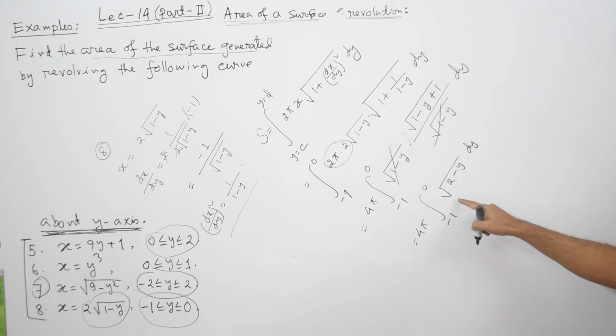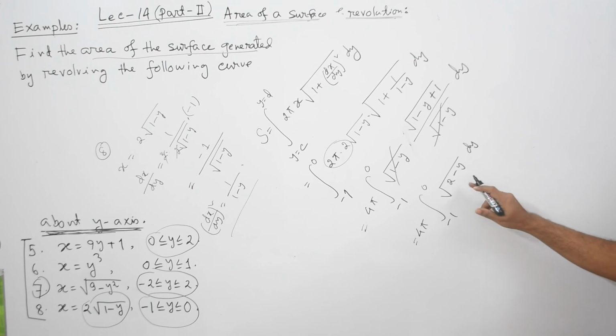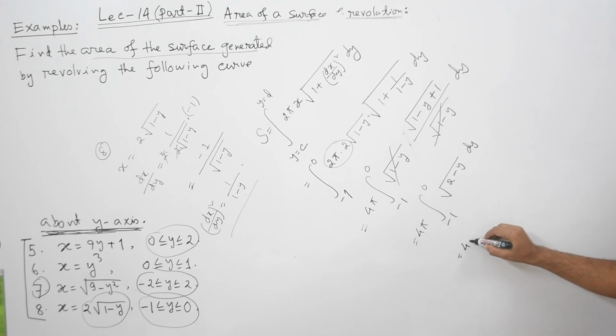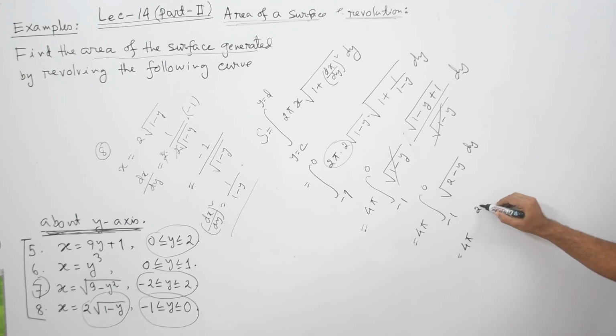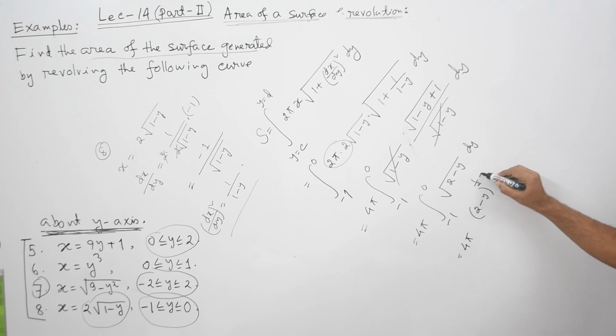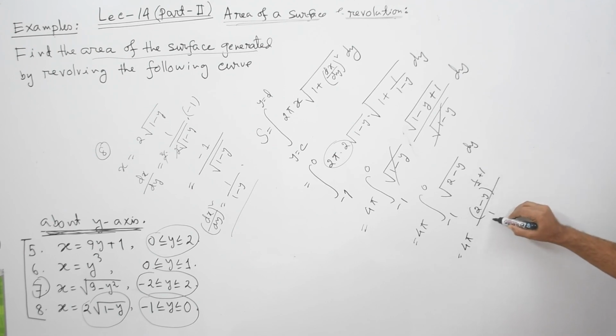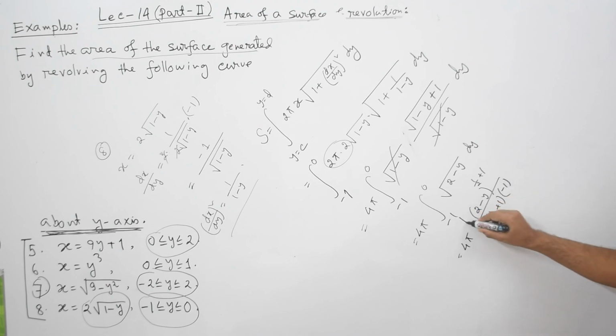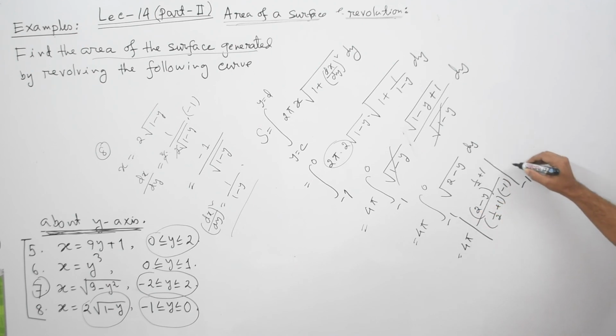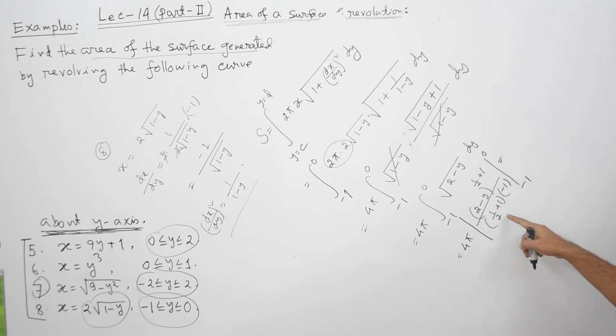Now let us integrate it, which is 4π (2 minus y) to the power half plus 1, divided by half plus 1, into the derivative of 2 minus y, which is minus 1, from minus 1 to 0.